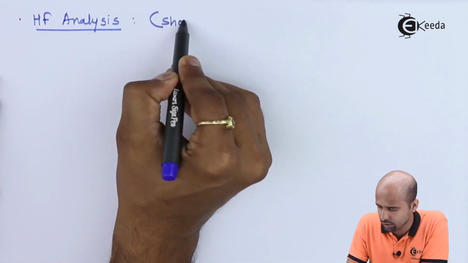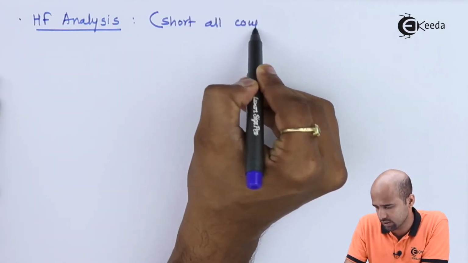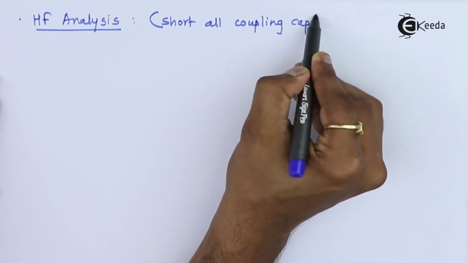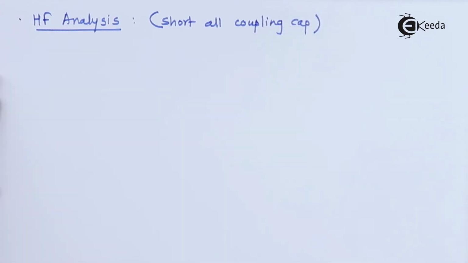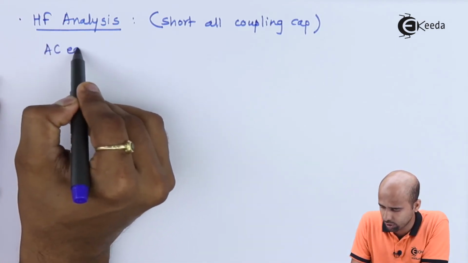Here as well we are shorting all coupling capacitors, and then we will draw the AC equivalent model.